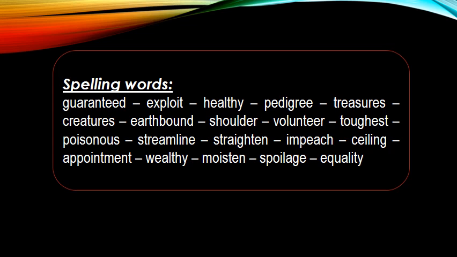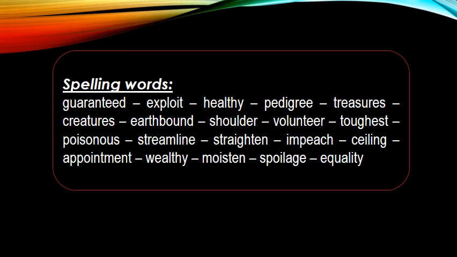Exploit. Oi. Healthy. You notice healthy is short here, it didn't take the long sound. EA, it's the vowel team syllable. Pedigree, here the vowel team syllable is EE.